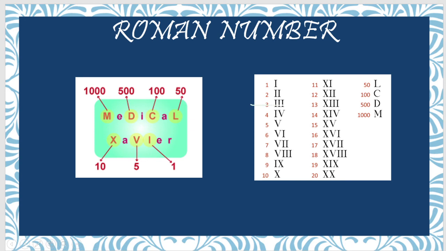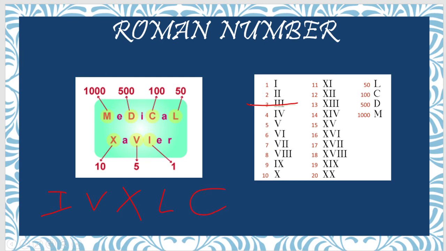Every number is written a maximum of three times. It can be repeated maximum three times, like this. I is repeated only three times, maximum three times it can be written. Then is V, it can be written only once. Then is X, it also can be written three times. Then we have L, which can be written only once.